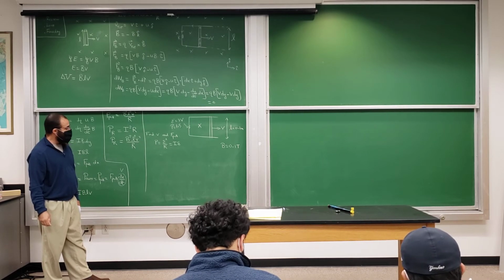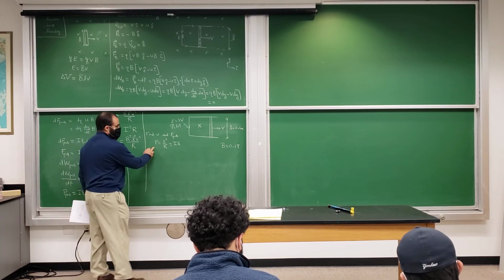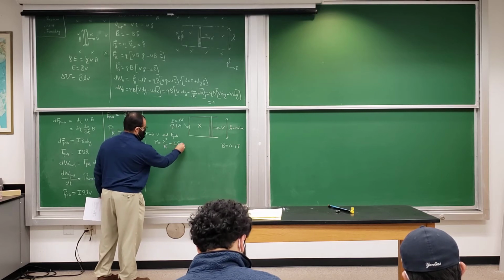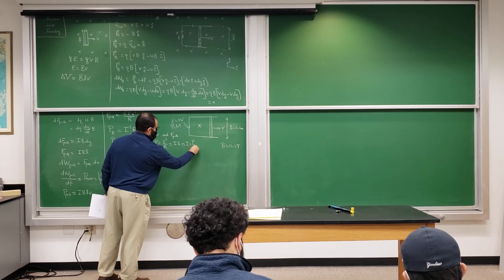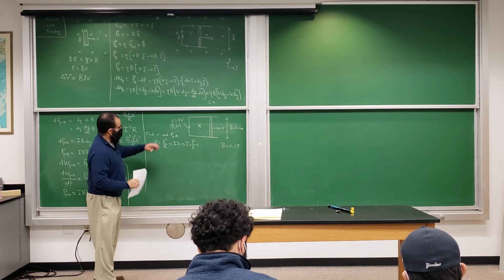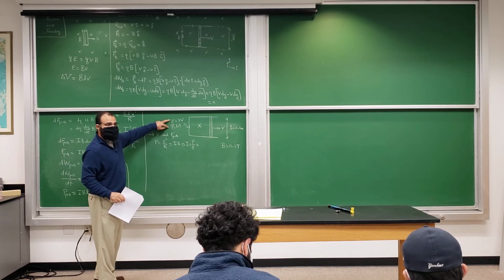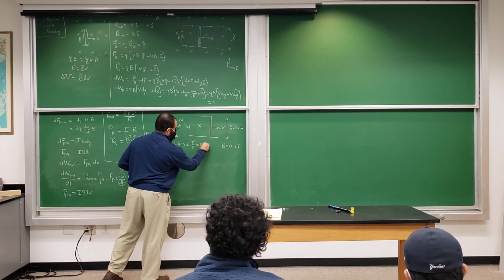So I can find the current. I know the power, I know the voltage, so I get the current equal to the power over the voltage. Power is 1.5, the voltage is 3, so I get half, right? 0.5 amps.